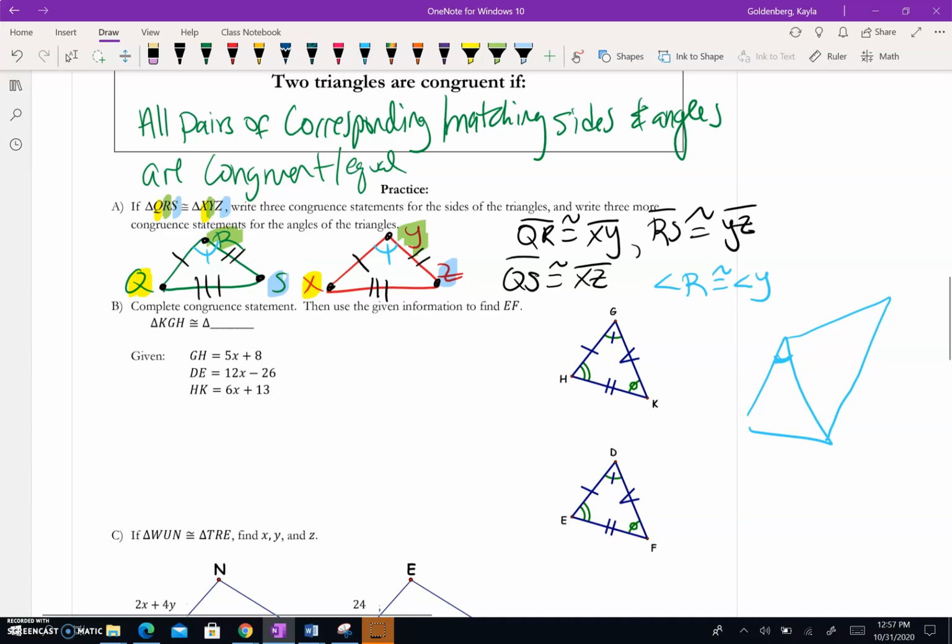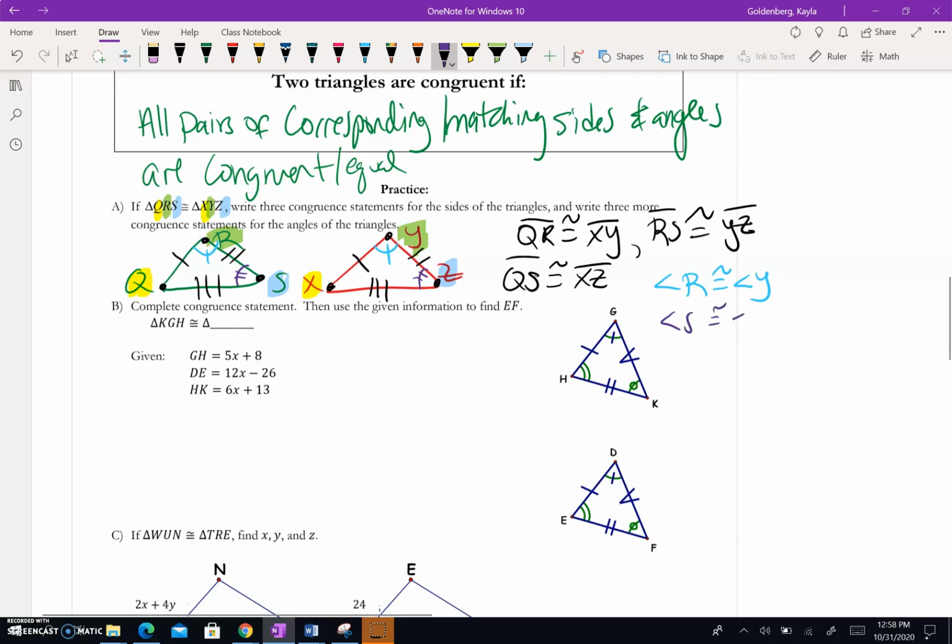If I call it point R, I could be talking about the little angle, I could be talking about the bigger angle, I could be talking about just the side. So if it's more complicated, you have to be careful, but for this purpose, we're good to just use the one letter.